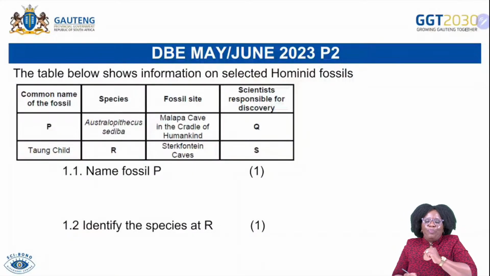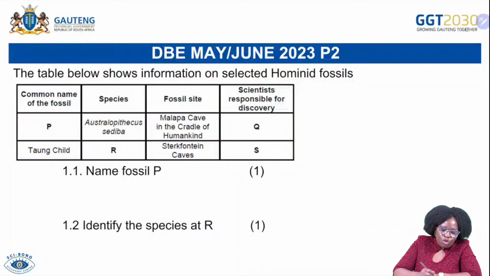I just hope you have learned about all the different scientists that have been involved in the discovery of different fossil remains. So for the common name here we've got P, but we've got Dawnchild, and species Australopithecus sediba, and where, Malapa cave in the Cradle of Humankind, and the scientists responsible, we don't have a name for Q, and for Dawnchild we don't have the species name, but it was found at Sterkfontein caves, and we don't have the scientist.